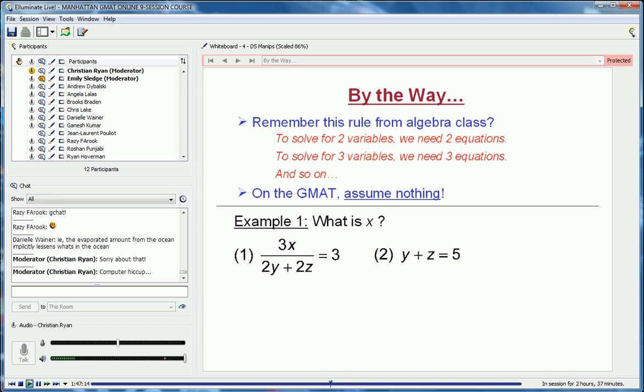Take a shot if you're not sure. Go ahead. Come on now. Okay, what I'd like you to do is type into the direct message window for everyone to see how many variables we have in this problem.